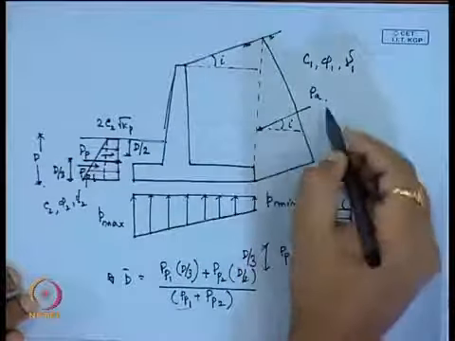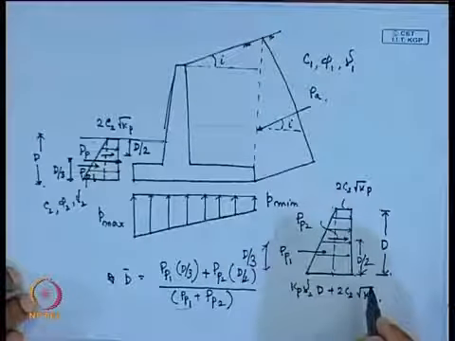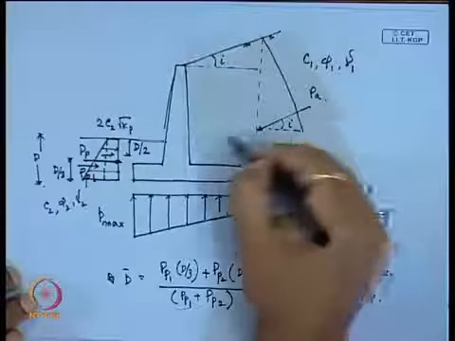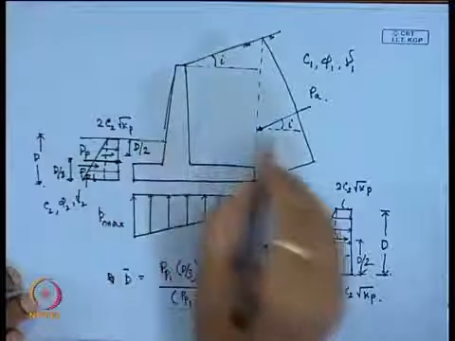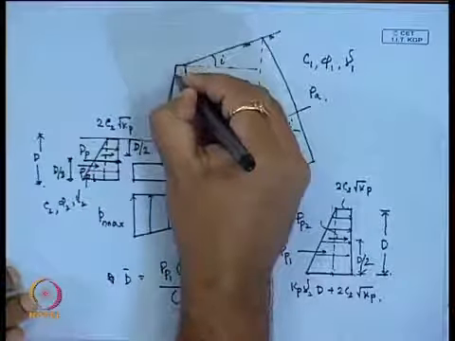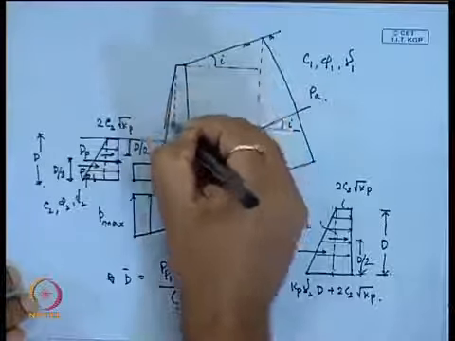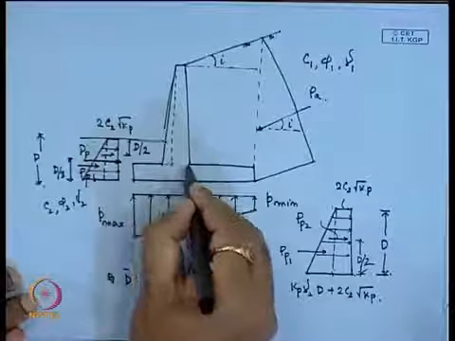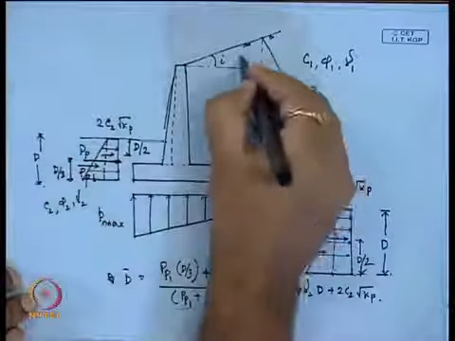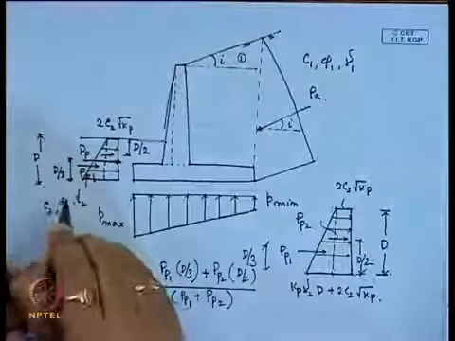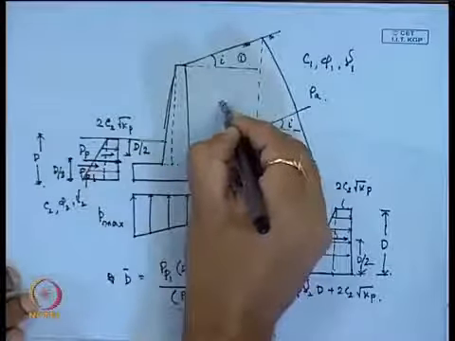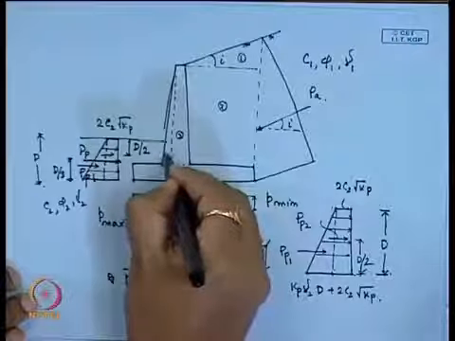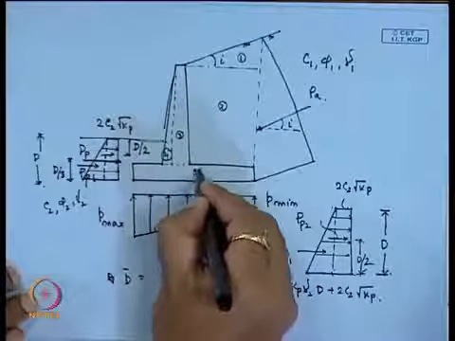Then P A is also calculated for the active force that is acting. Now, for the weight calculation we can divide this retaining wall into different sections. Suppose this is the first section, this is section 2, this is section 3, this is section 4, this is section 5.